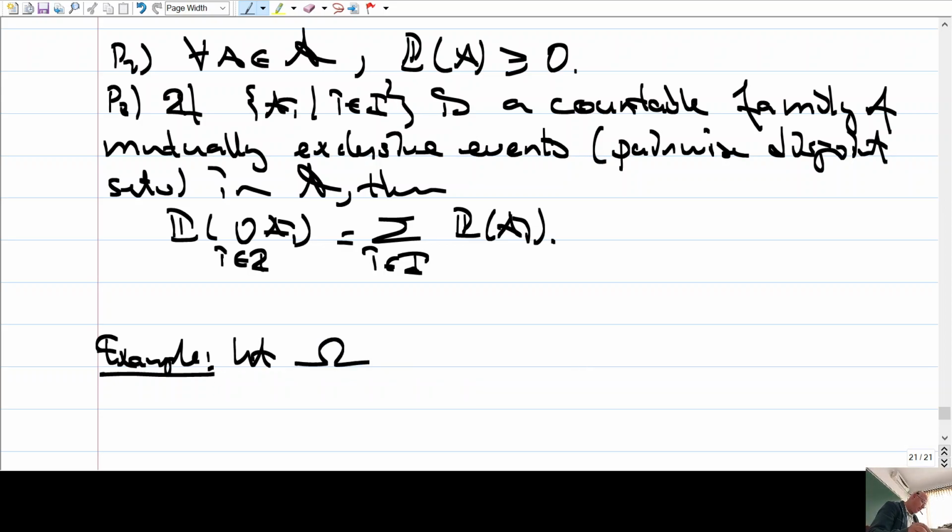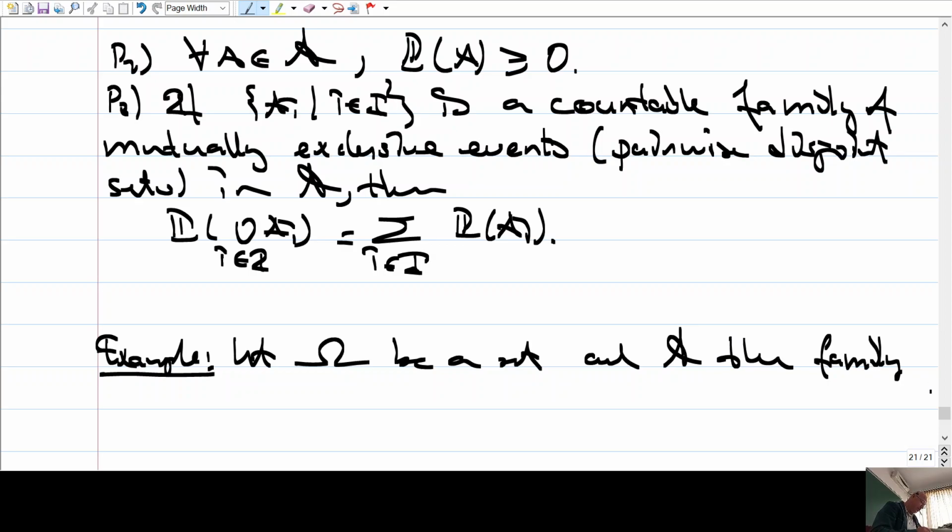So let omega be a set and A the family of all subsets of omega, so the power set of omega, the biggest sigma algebra on omega.